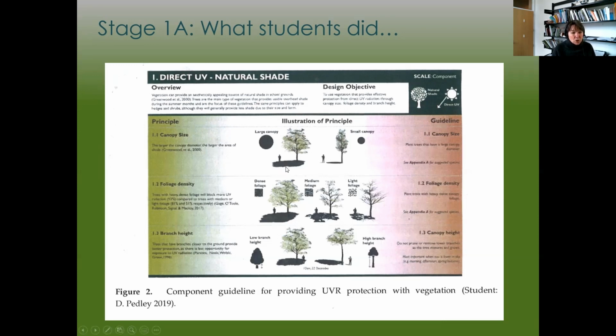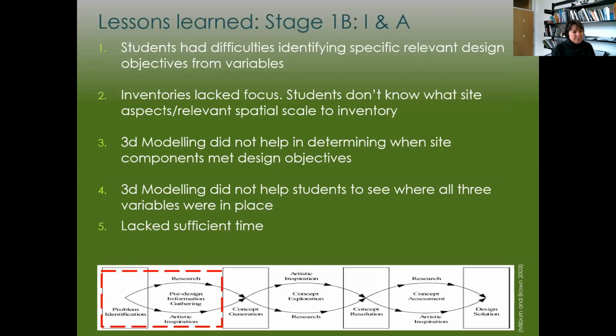And you can see how it's quite simple, and it's using that modeling to really clearly show the difference between doing it right and doing it wrong. This was really effective for showing them the impact of these different elements in making a difference in their schoolyard. And once they got this in place, they're able to use this tool very easily when they're moving into the design phase.